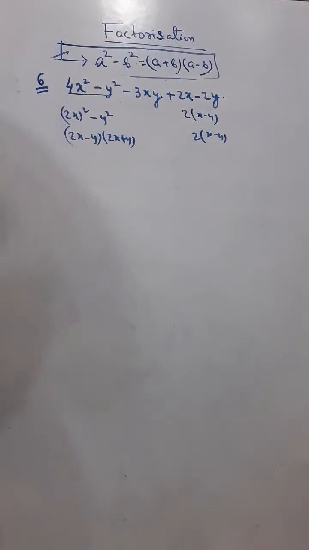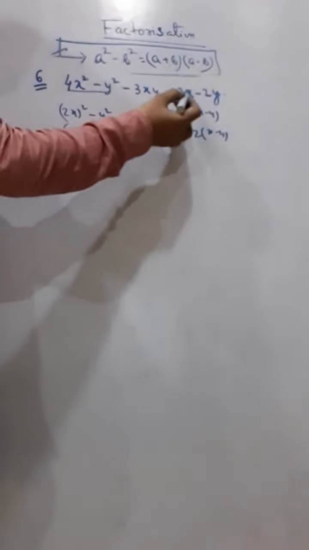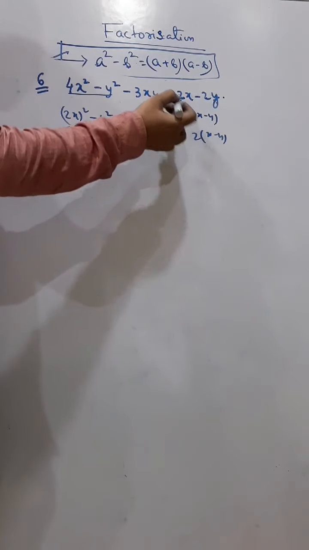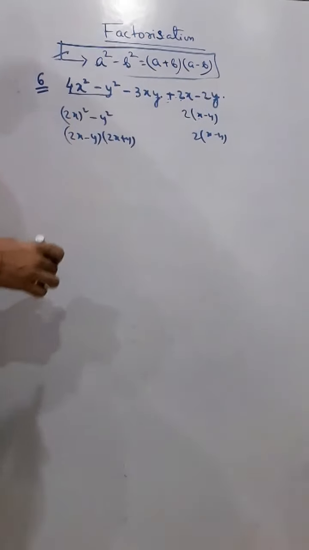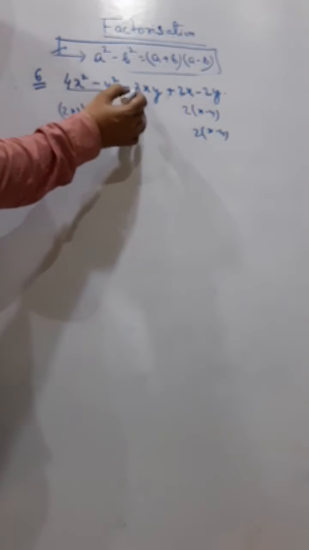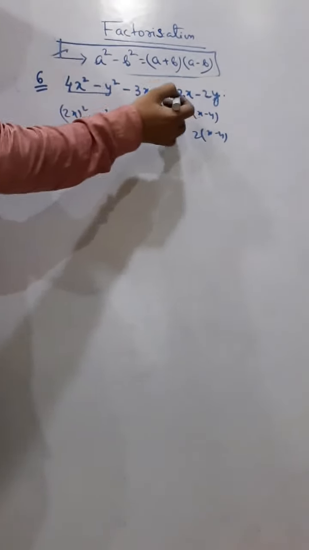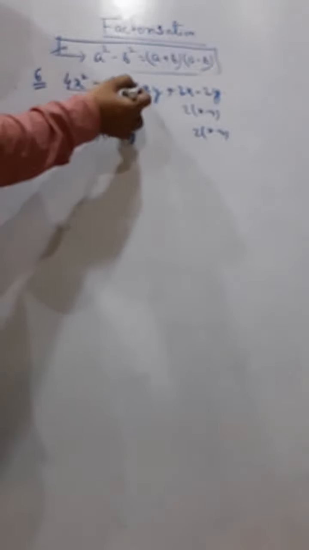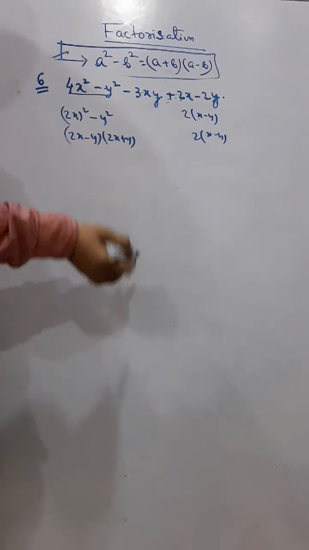And here you are getting 2 and x minus y, and still one 3x minus y is also left. So again this is also not feasible here. So you can have an idea that if I take 2 common, there are no other 2 here. If I take 2 common, I am getting x minus y. And I have one 3 here and there is no 3 here. So I can't take any 3 common anywhere.